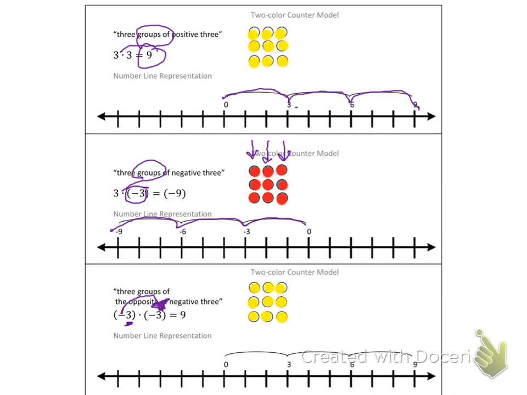And you guys know that the opposite of negative 3 would be a positive 3. So that's why in each of our 3 groups, we have the opposite of negative 3, which would be a positive 3. And that results in the answer of a positive 9. 3 times 3 is 9. So again, we would just start at the 0 and we skip count 3, 6, 9 on the number line.